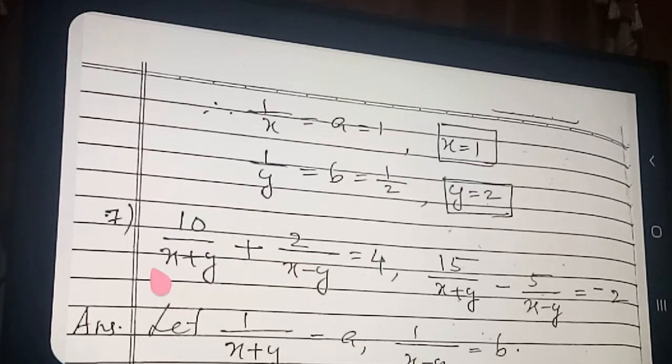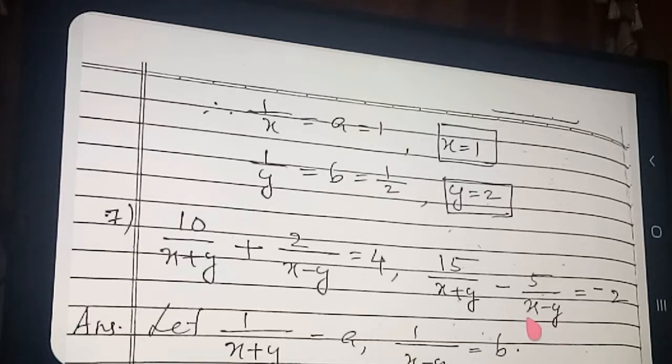Till now we had seen the denominator having only one single term, x or y. But here what is coming? x plus y, a binomial term came. Here also binomial. But which is common in both the equations? Here 1 by x plus y, here also 1 by x plus y common. Here 1 by x minus y, here also 1 by x minus y common.